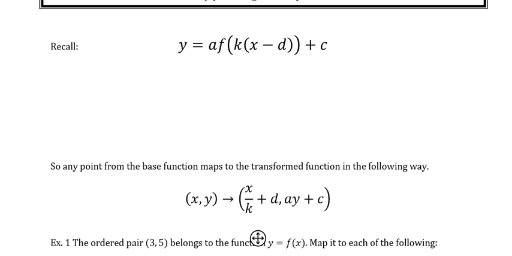There's no standard about these letters, A, K, D, and C, unfortunately. In grade 10, this is H and this is K, and then in grade 11, the K moves here. It's the same letter, but it means something different. It's not like the shift moves to a different spot. No, the K is not the shift anymore. Some textbooks use P and Q here instead.